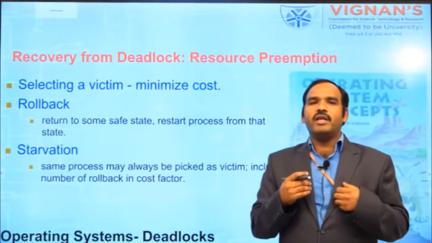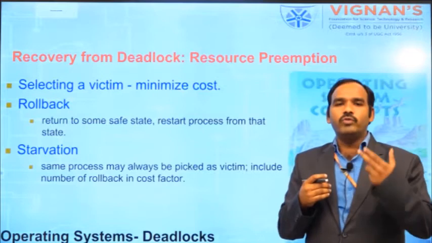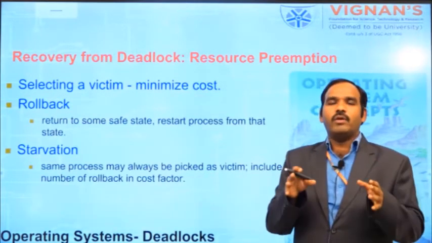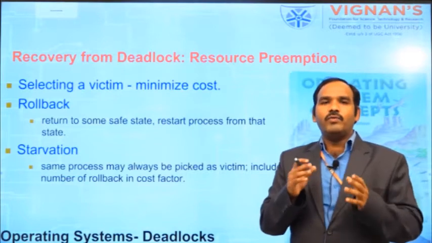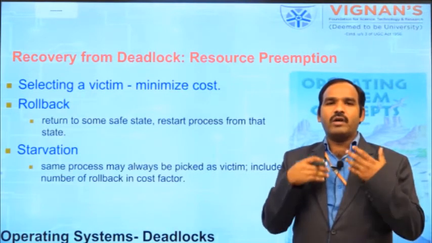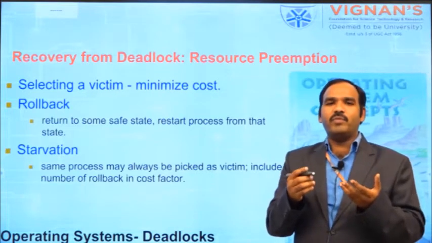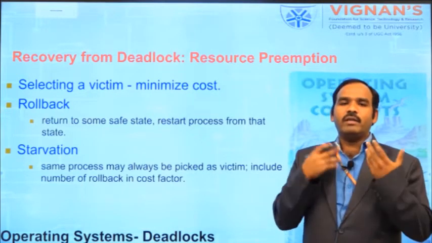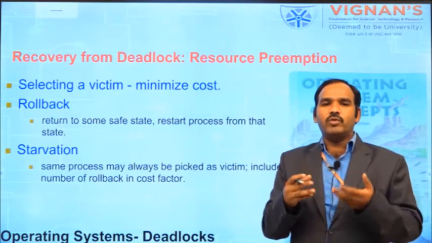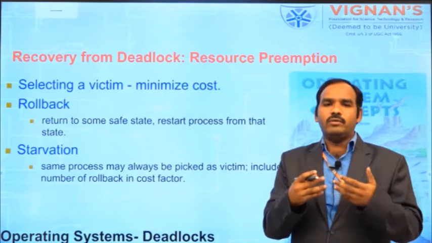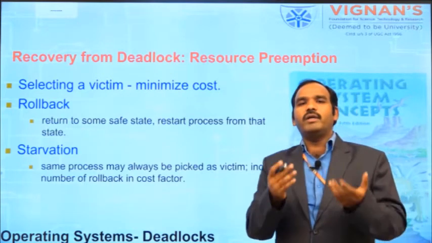In the process termination, again we have two ways to do. One is abort all processes which are involved in the deadlock. If you are aborting all the processes which are in the deadlock, then it creates a lot of problems in the system. Why? Because even the process which is going to be finished in less time is also going to be terminated.